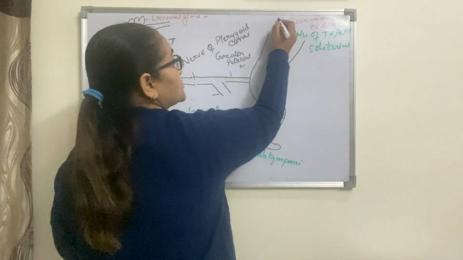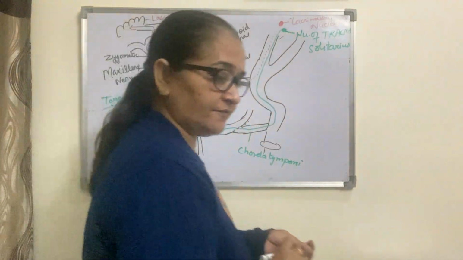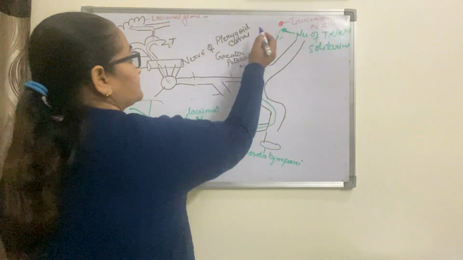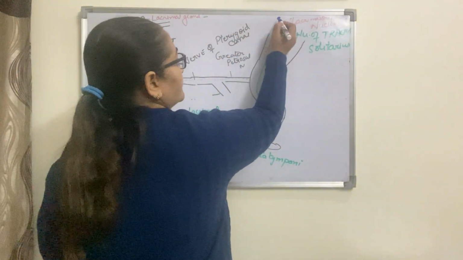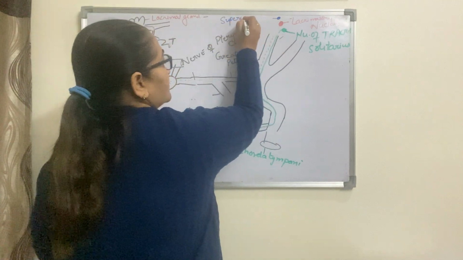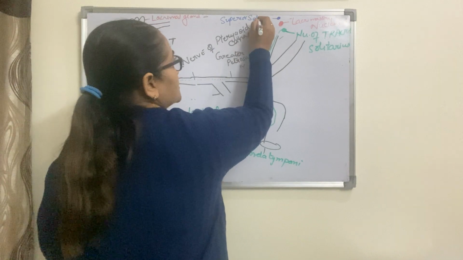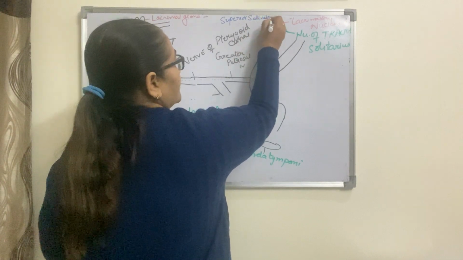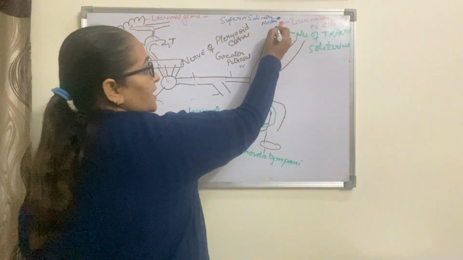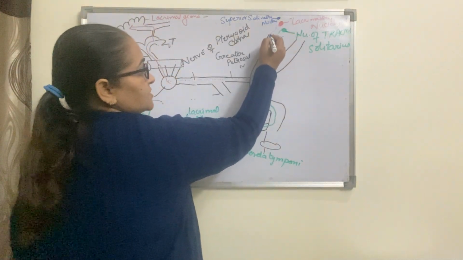So here the superior salivatory nucleus is there. The fibers enter the sensory part of this nerve.